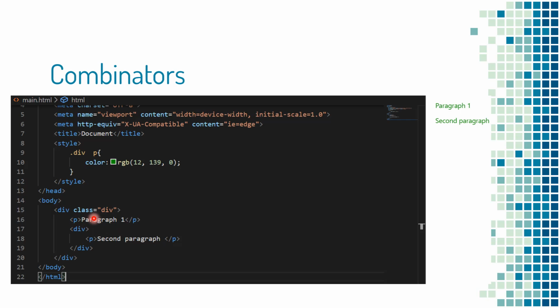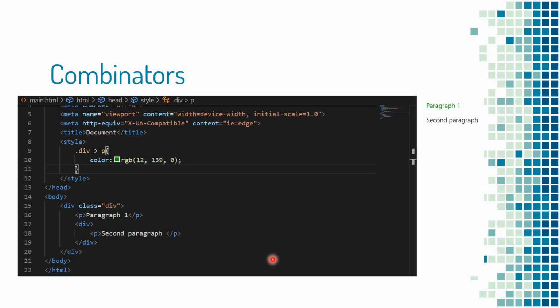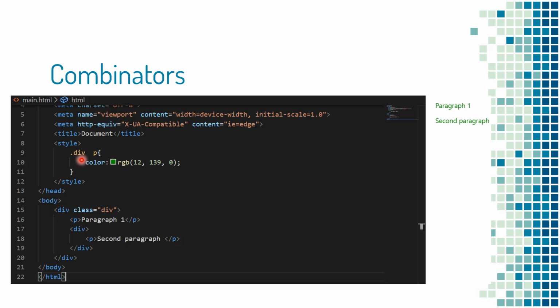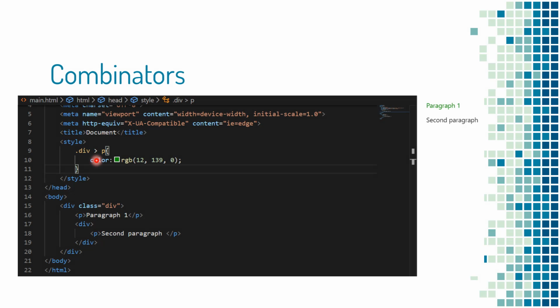If you have 10 generations, the same thing will be applied to the 10th tag in the chain. By the way, this is called the space or the descendant combinator, and this is the child combinator.